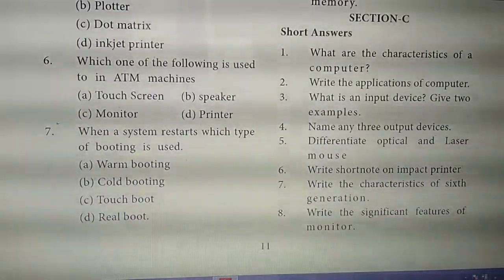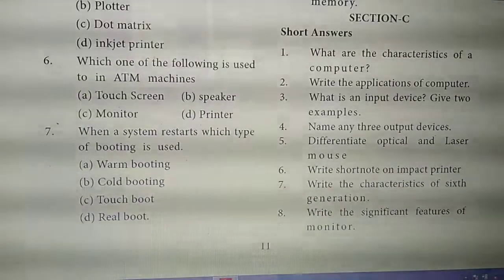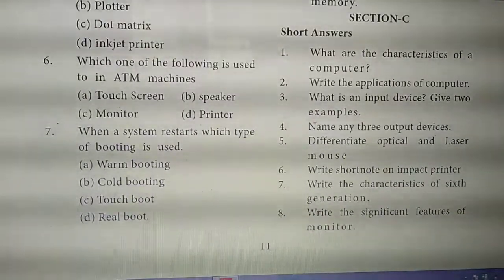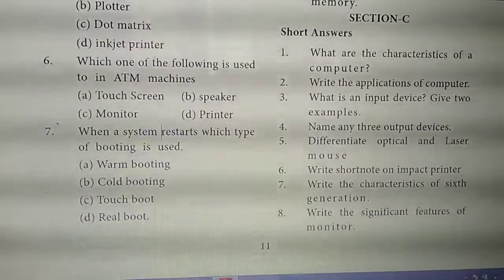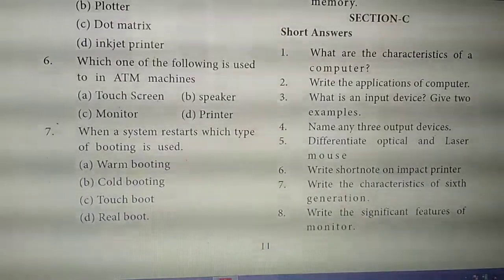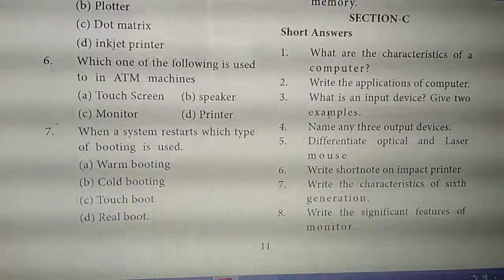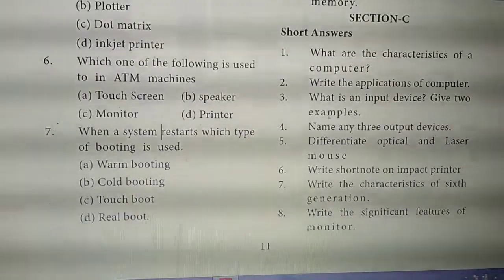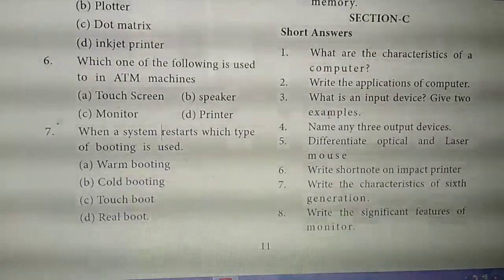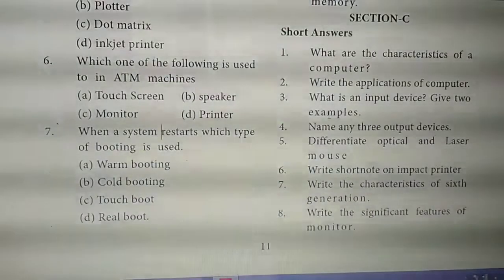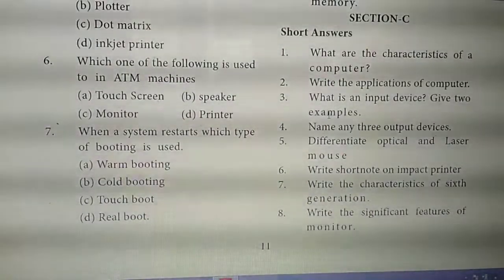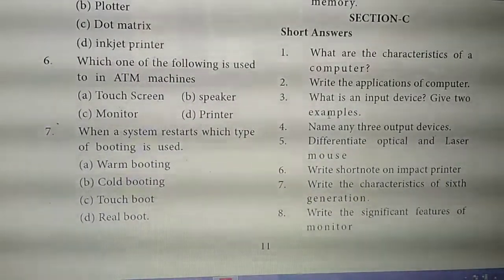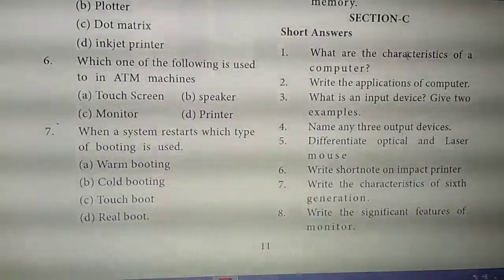Also take any one computer notebook or any one piece of paper and paste it near the question, because for some questions the exact answer is not given inside the book, so you need to write the answer.